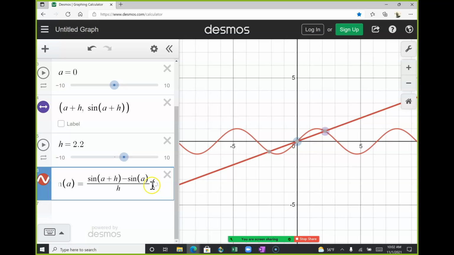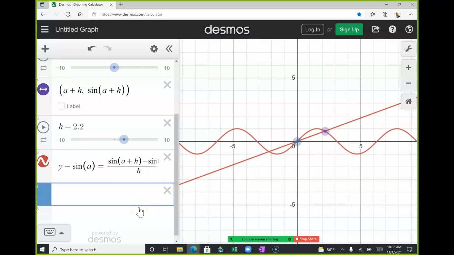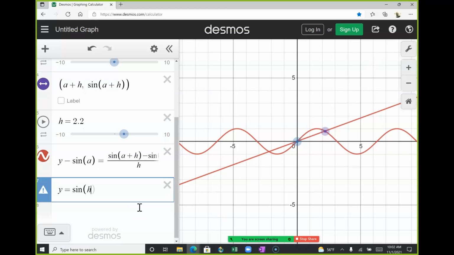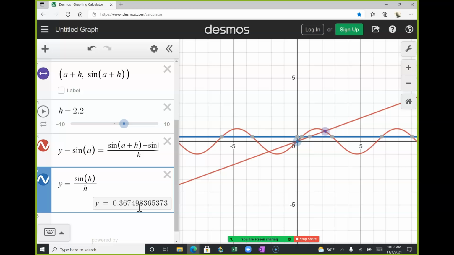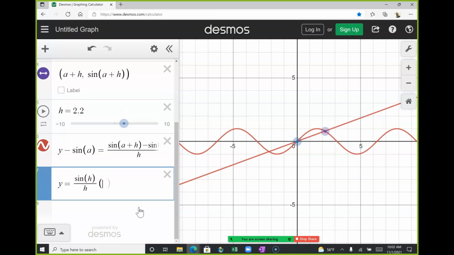Now this is a lot easier for me because I know sine of A is sine of 0. So y minus sine of 0, which is 0, so y minus 0 equals, what did I get for my slope? I got sine of H over H, that was my secant slope, and then x minus A. And you see it's the same line, right?